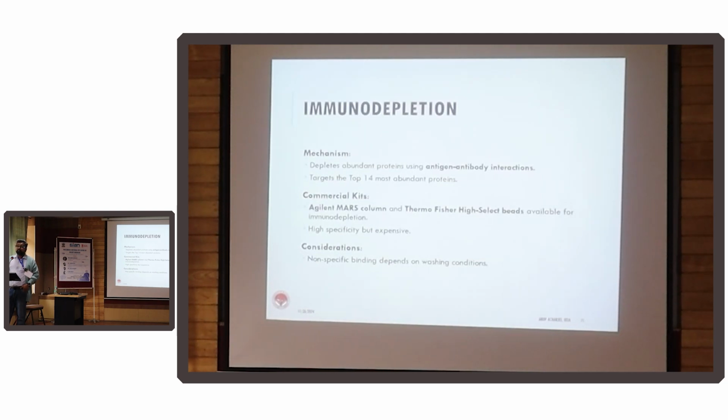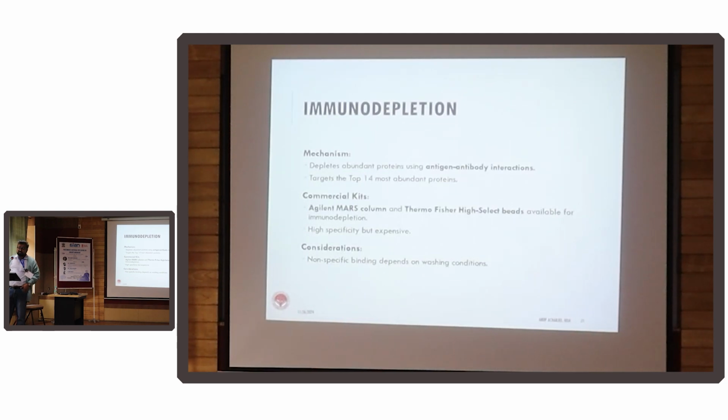And then all you need to do is separate this antigen-antibody complex. What you're left with is the entire blood proteome except those top 14 proteins. It's very highly specific.